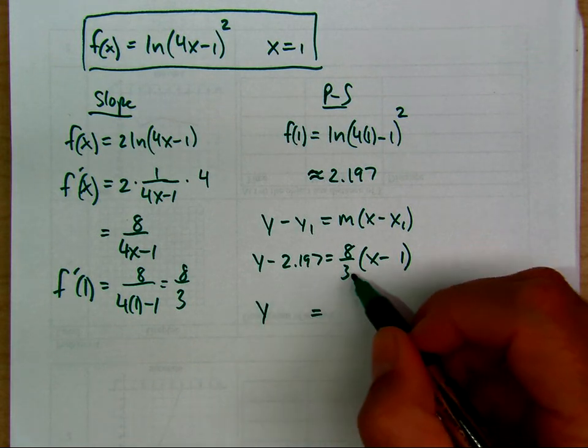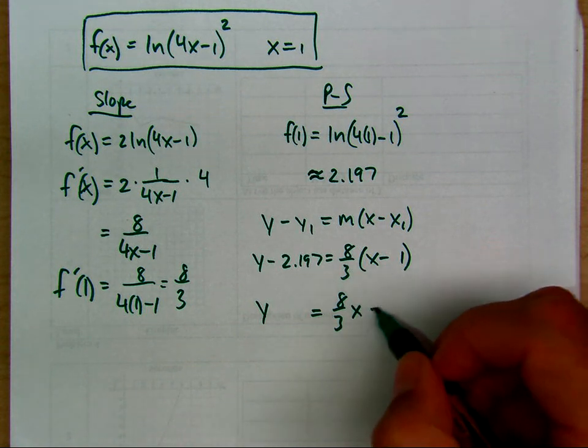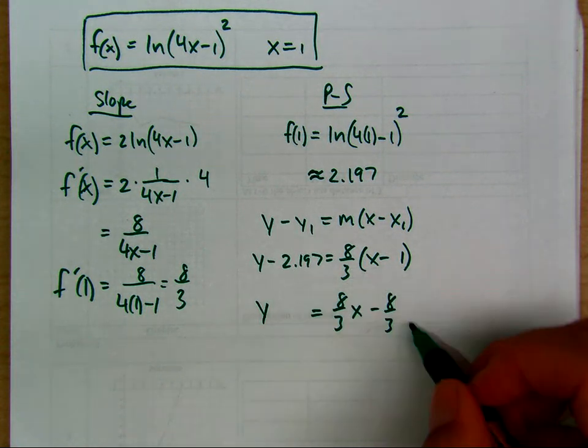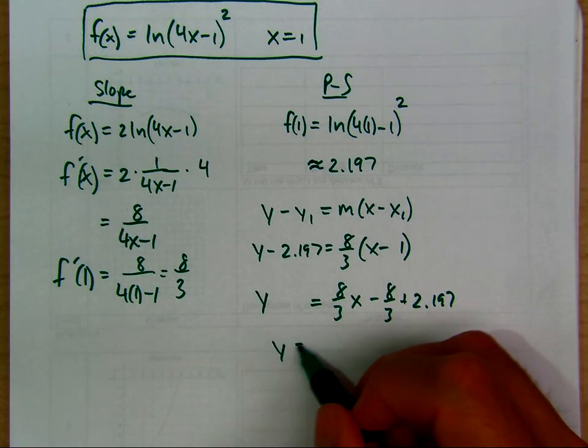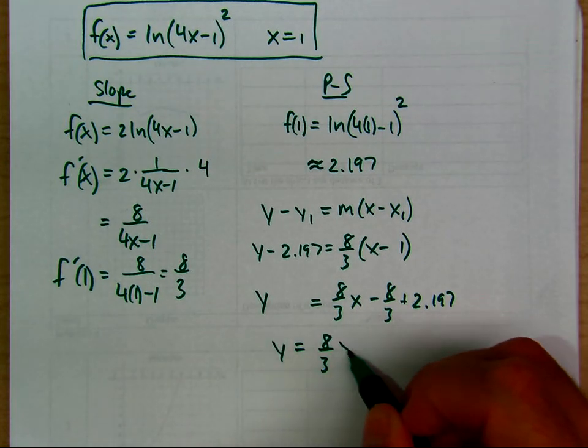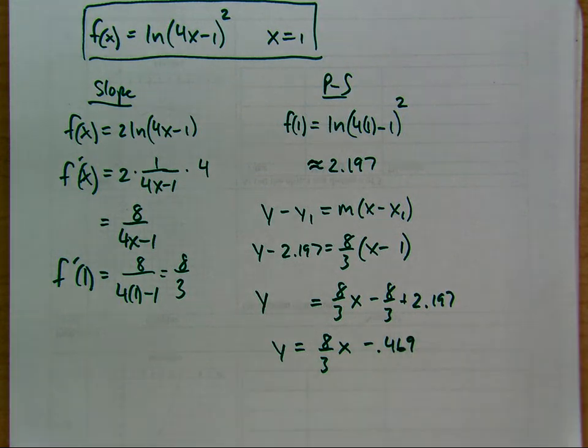We're going to multiply by 8/3, and add 2.197. All right, and we'll stop there.